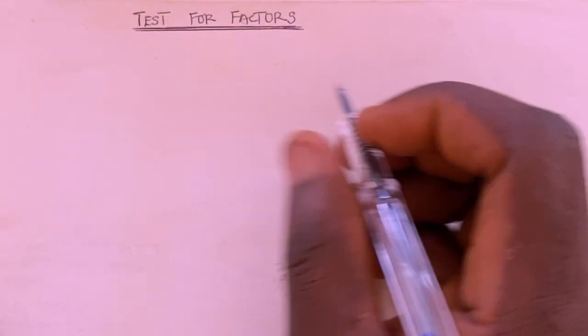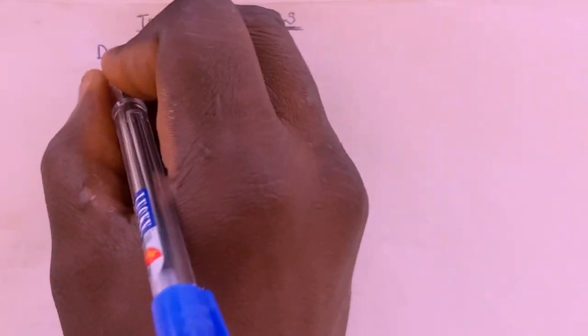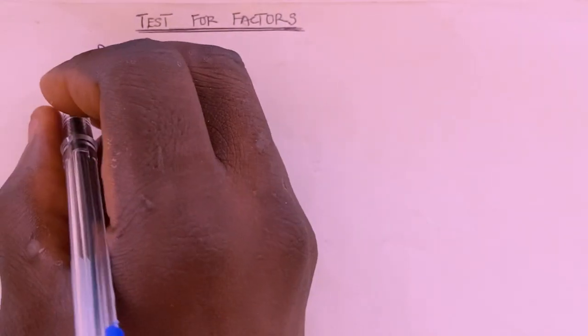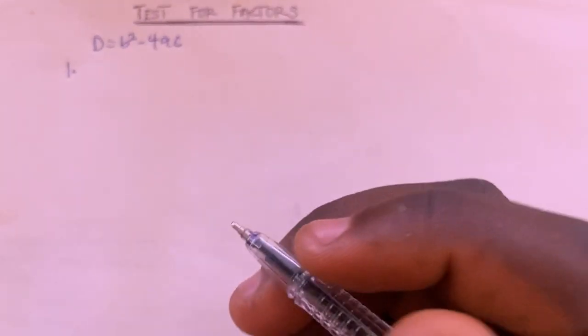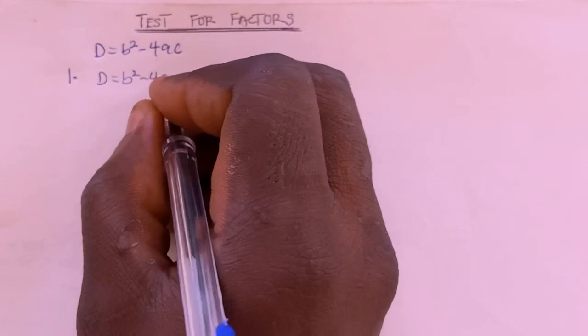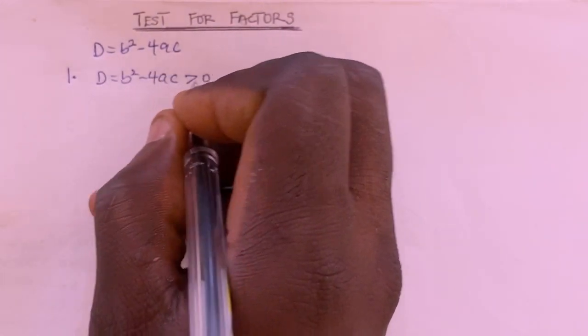Generally, the main expression that we're going to use to test it is d equals what? b squared minus 4ac. Exactly. So the first case, case 1, is when this expression d equals b squared minus 4ac is greater than 0.